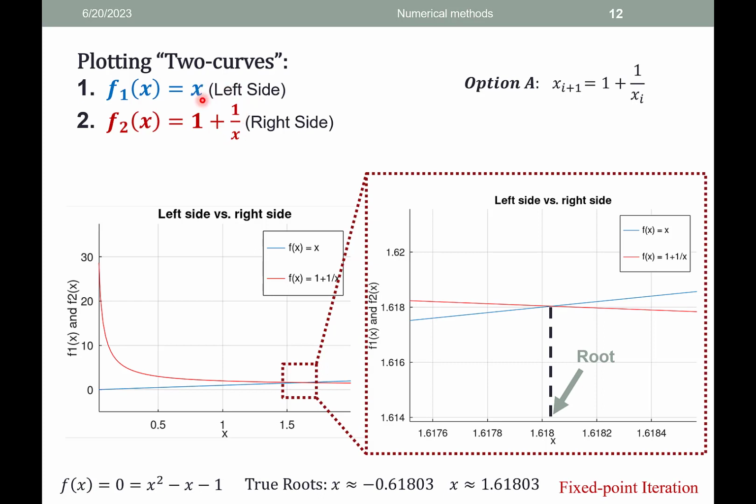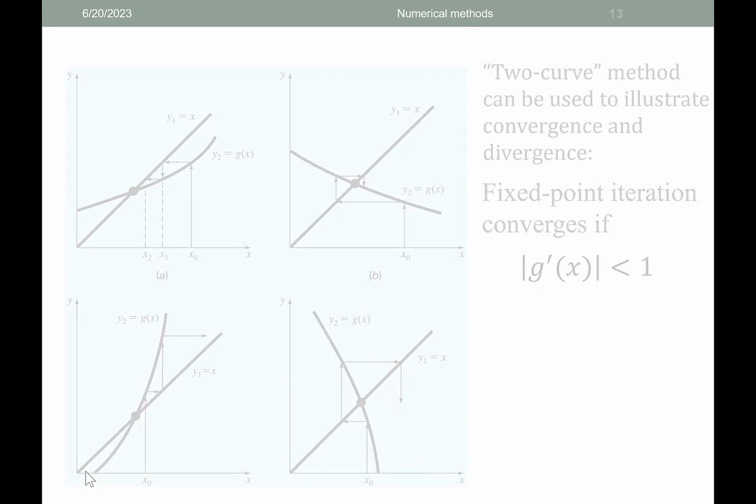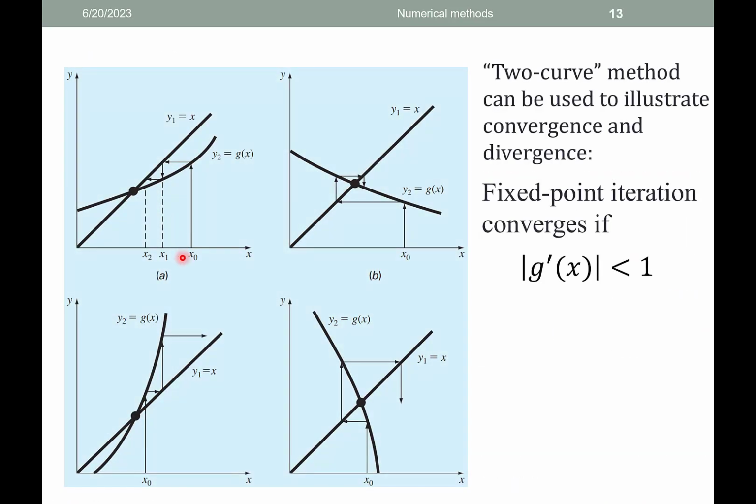Because when x is equal to the root, both sides are the negatives of each other, and when we put them together, it gives us f of x equals 0. So this is the root, we see that clearly, and we're going to use this to analyze when this method converges versus diverges.